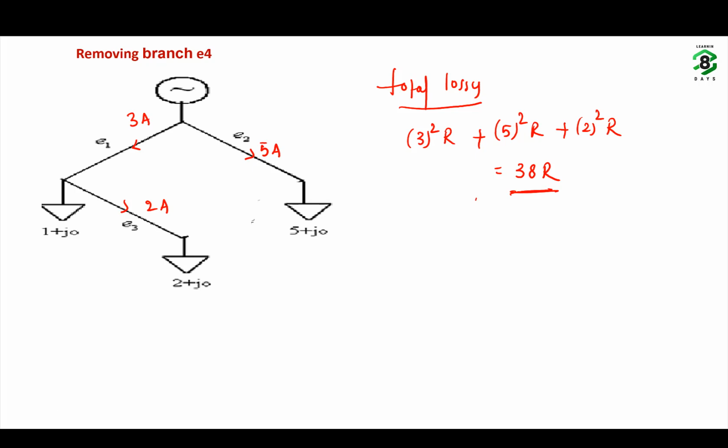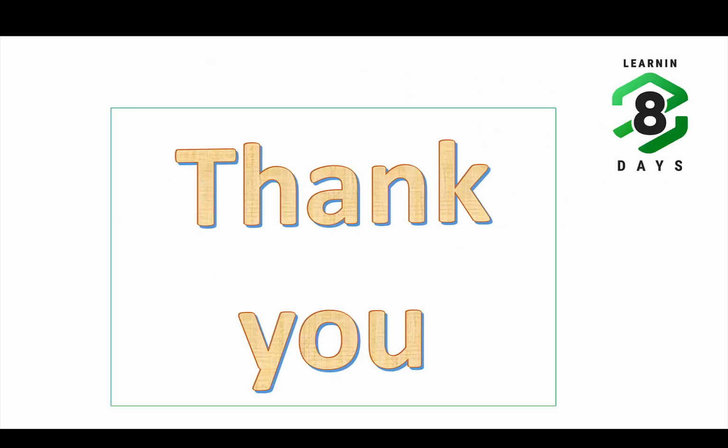If you remove branch E4, the given ring system is converted into a radial system with minimum losses. That is what we explained in the earlier logic. Thank you very much.